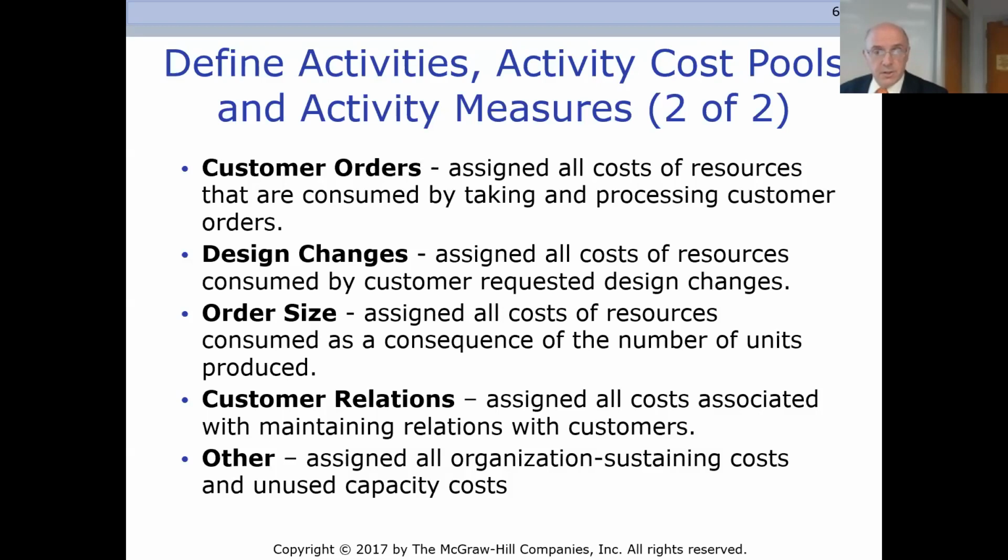For design changes, assign all costs of resources consumed by customer-requested design changes. There are a few things involved there. Direct labor might be the most important one, and there might be some overhead things involved. Order size, assign all costs of resources consumed as a consequence of the number of units produced. And customer relations, assign all costs associated with maintaining relations with customers.